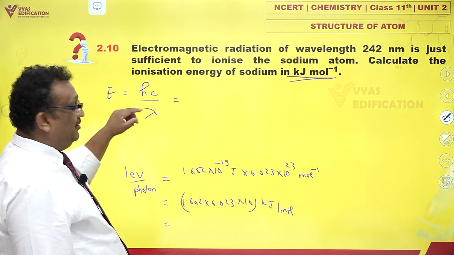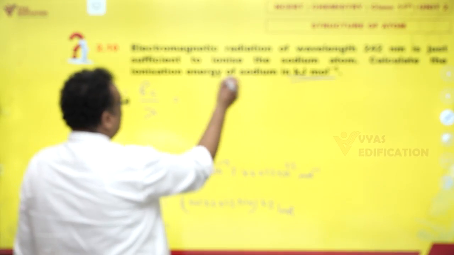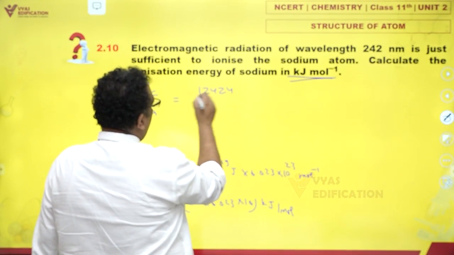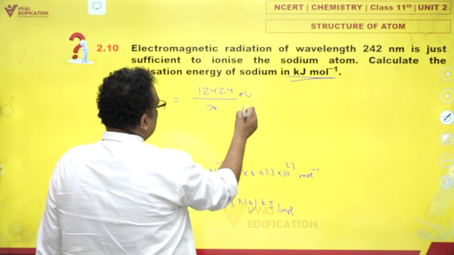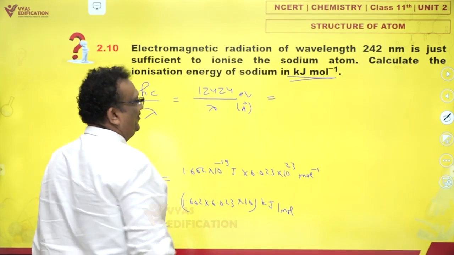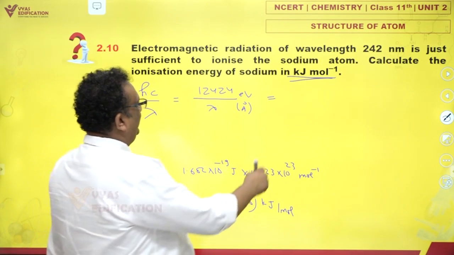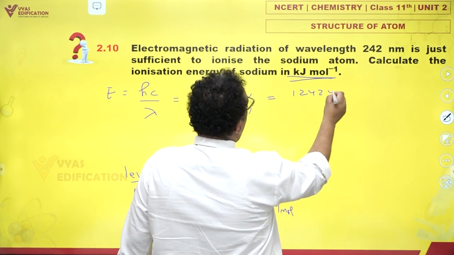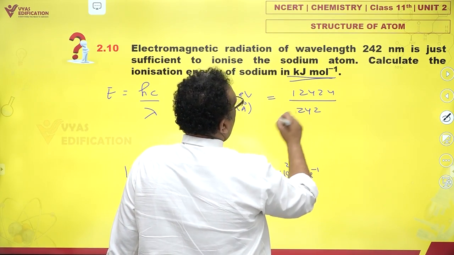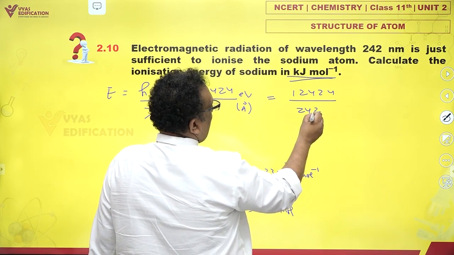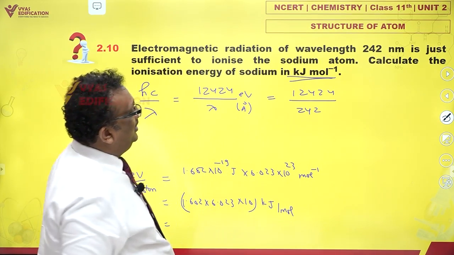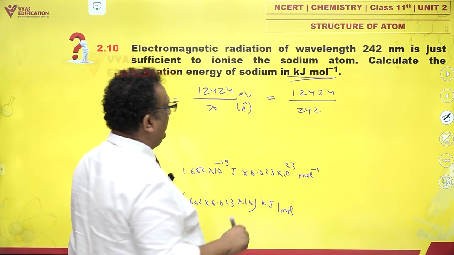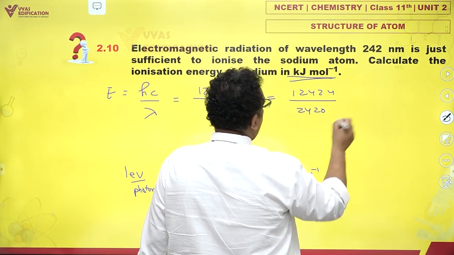Okay. And we remember we had a formula. This is 12424 upon lambda, electron volts with lambda in angstrom units. If you remember that, it is 12424 upon 242 nanometers. If we convert this to angstrom units, this will be 2420 angstrom units.